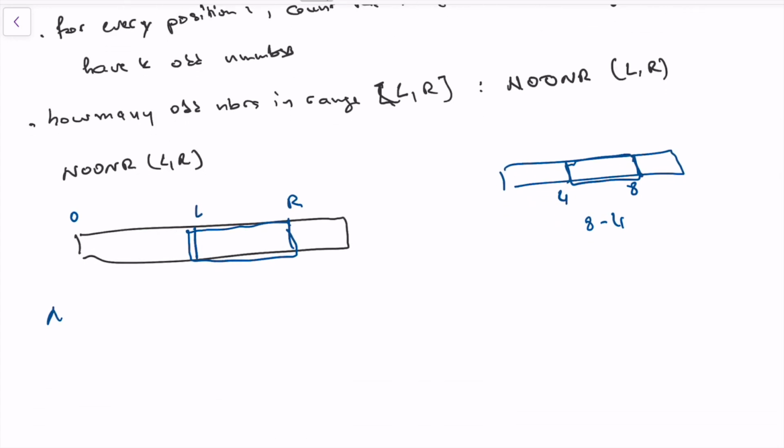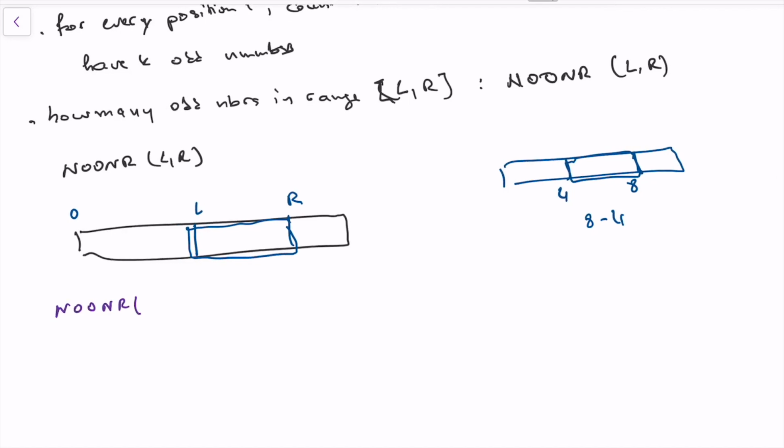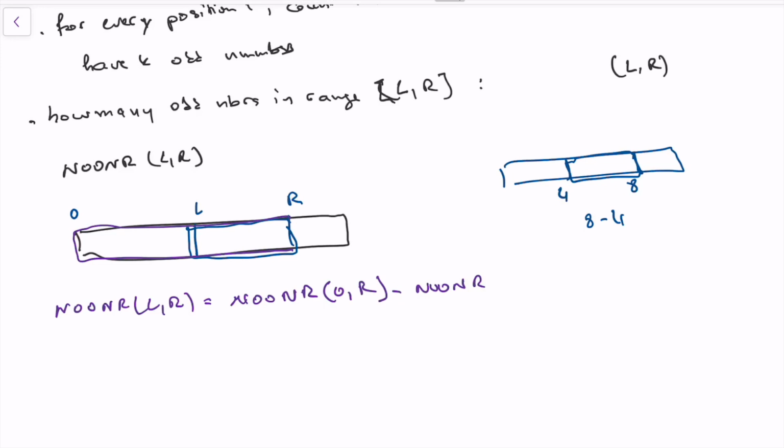And so the formula here is that the number of odd numbers in the range left right is equal to the number of odd numbers in the range 0 to R, in this entire range, minus the number of odd numbers in the range, actually, just to simplify this, let's call this function f.